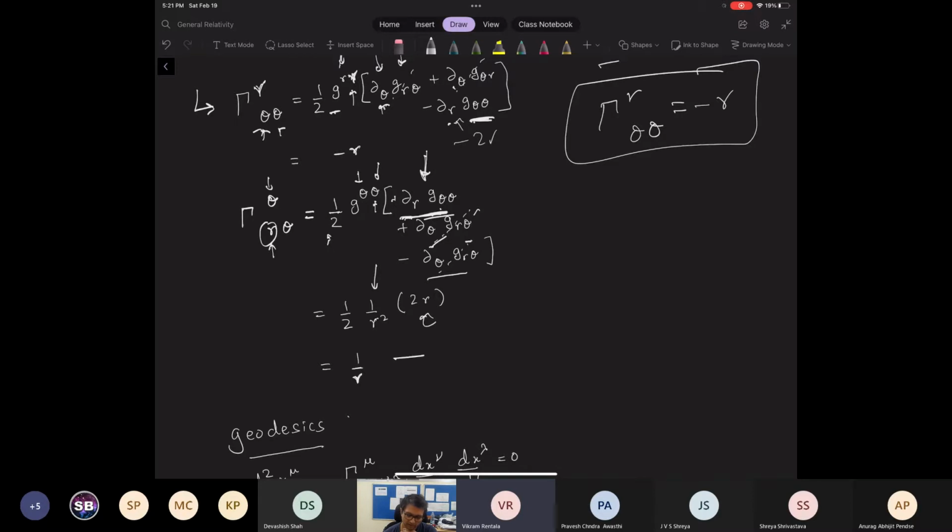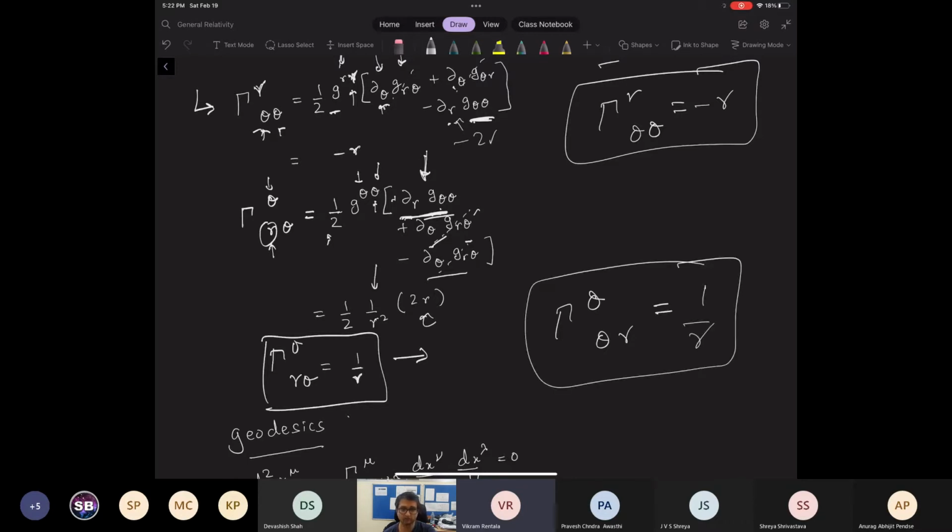So the net result is I get 1 by r. And by symmetry, our Christoffel symbols are chosen such that Γ^θ_θr is also the same. So we'll also get 1 by r. So you don't have to actually work out all the Christoffel symbols. Sometimes symmetry can tell you which ones are non-zero and how to compute the others also.